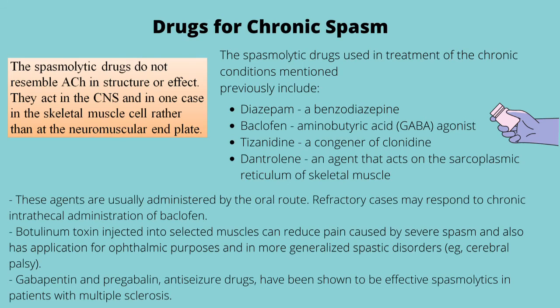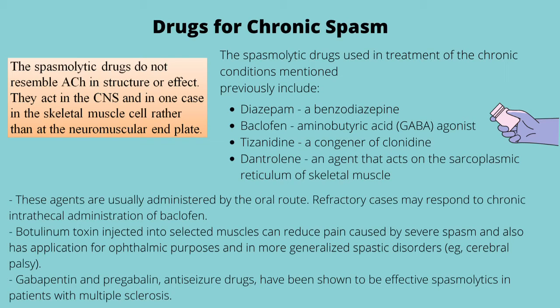Drugs for chronic spasm. The spasmolytic drugs do not resemble ACh in structure or effect. They act in the CNS and, in one case, in the skeletal muscle cell rather than at the neuromuscular end plate.